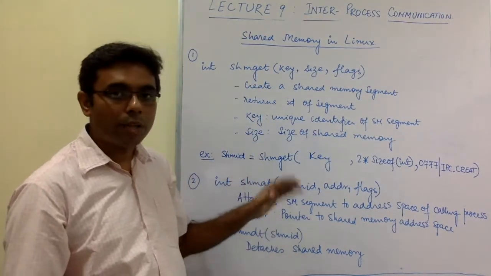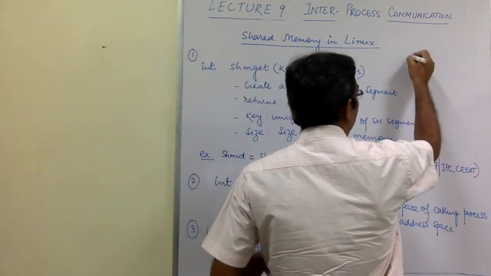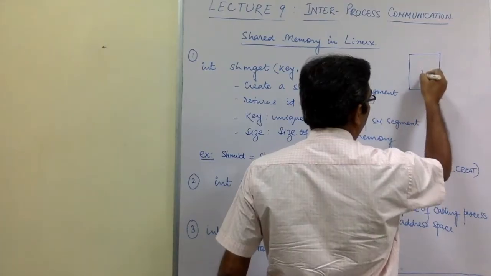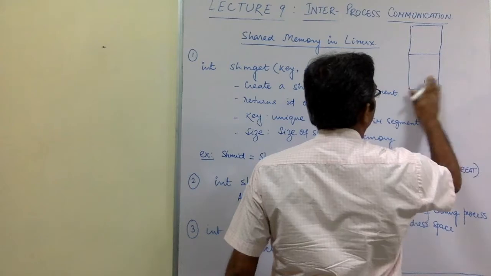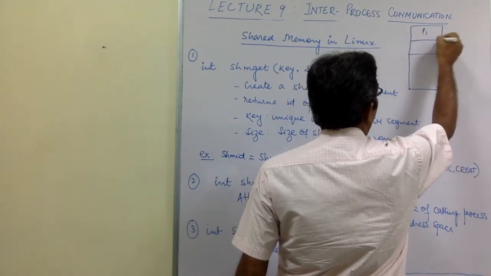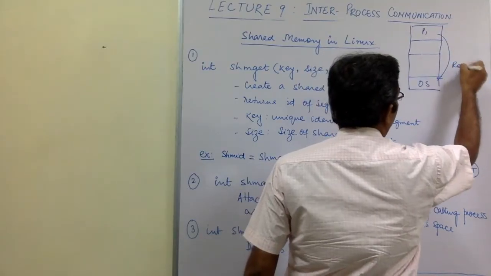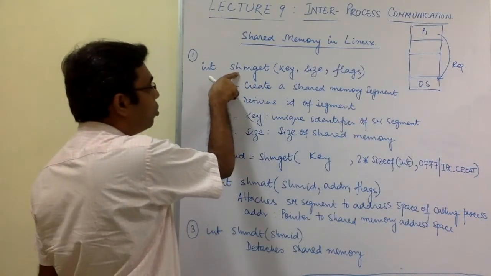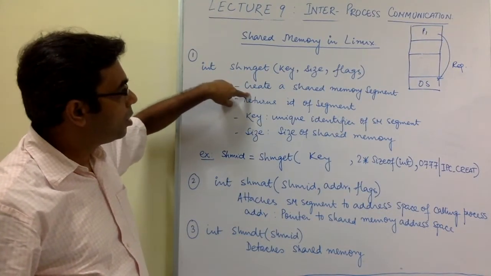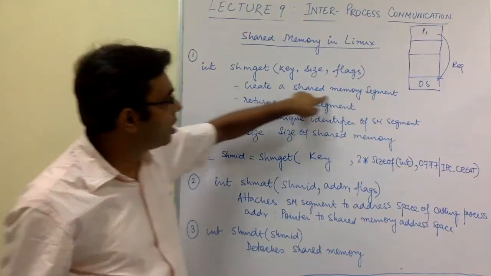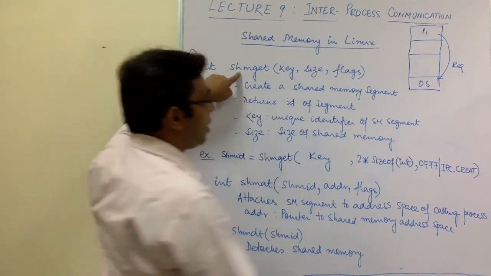The first, as you remember, was the request to the OS. So the process P1 puts a request to the OS. This request is put through a system call called shmget, the shared memory get. This is the system call that creates a shared memory segment.